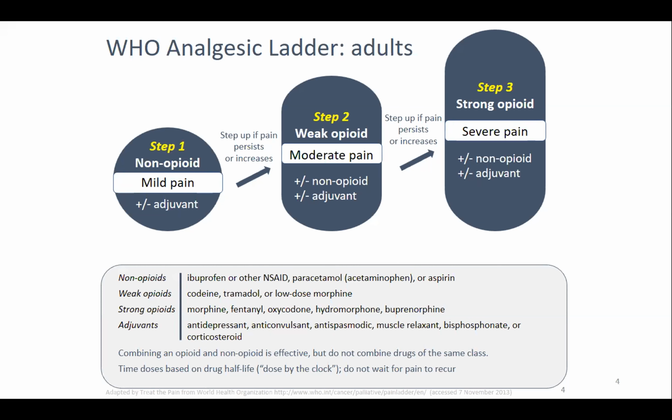We also have things called adjuvants, or medications that are not typically pain medicines, but can be used for pain management. So things like antidepressants, we've used a lot of amitriptyline, which you might be aware of. Anticonvulsants, things like carbamazepine are also helpful.